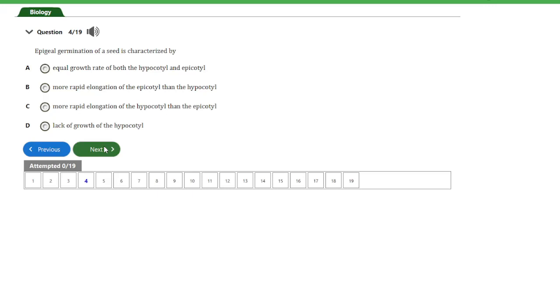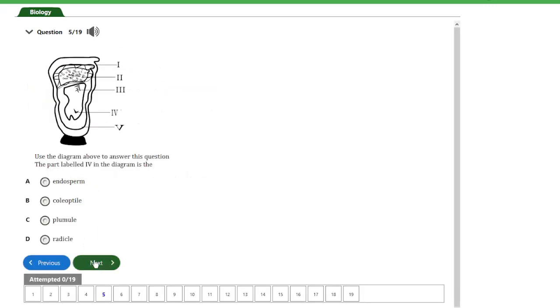So guys, the answer to this question is option C. There is more rapid elongation of the hypocotyl than the epicotyl. So an example of a plant with epigynous germination is the bean seed. It is characterized by a more rapid elongation of the hypocotyl than the epicotyl. So this epigynous germination is actually used to define a form of germination that takes place above the ground. So guys, let's look at the next question, and that's question number 5.